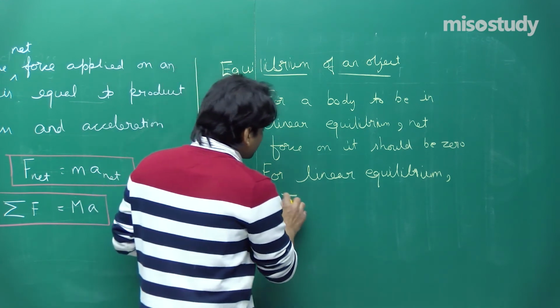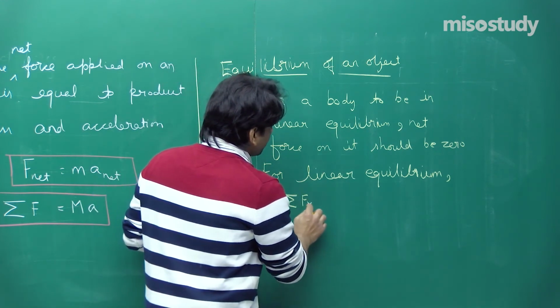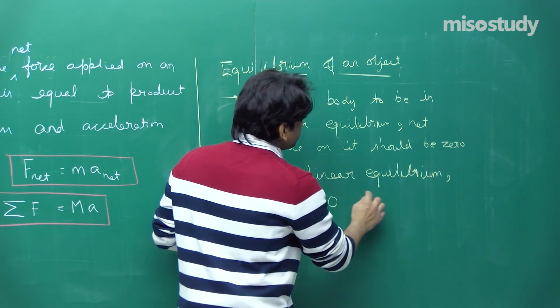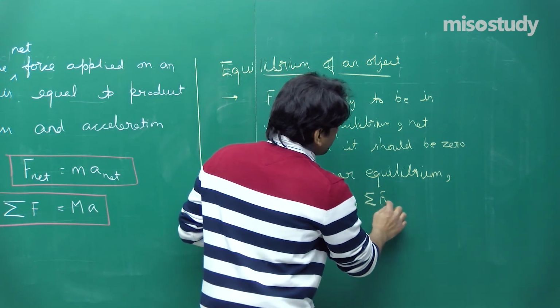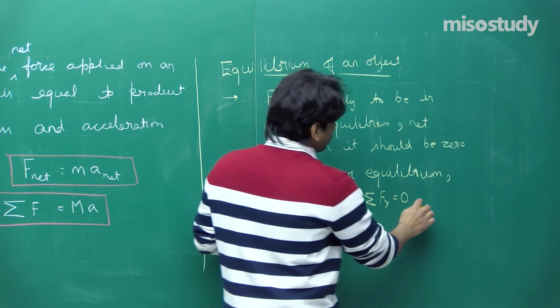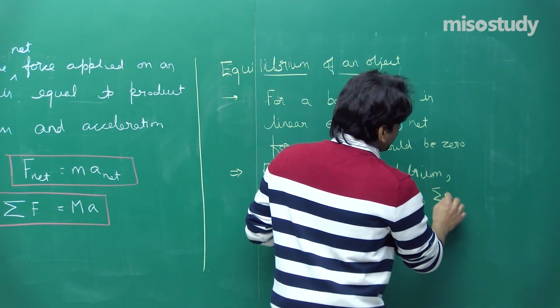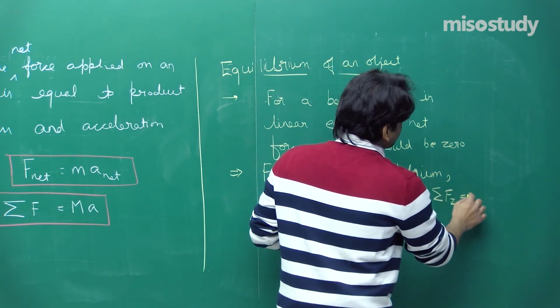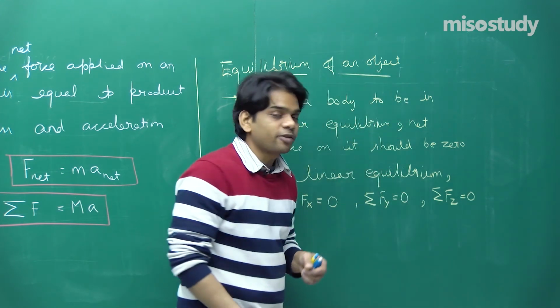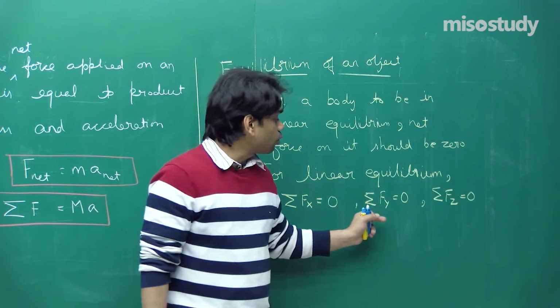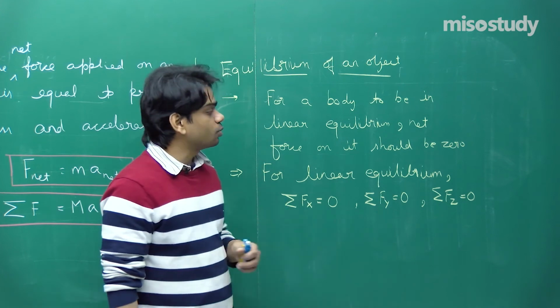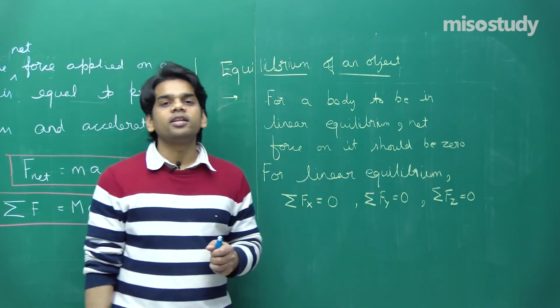We can write sigma Fx equal to 0, sigma Fy equal to 0, sigma Fz equal to 0. When I write F, I mean the net force along the z axis, the y axis, and the x axis should be 0. Then the body will be said to be in linear equilibrium.